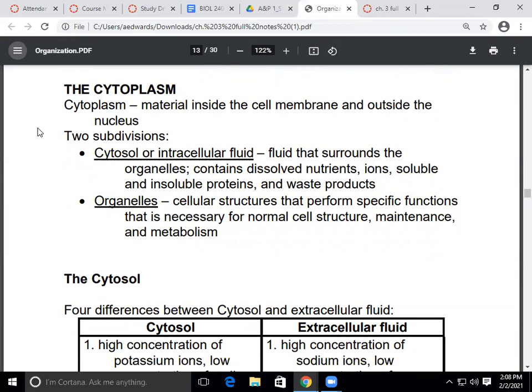That fluid, or cytosol, has nutrients, proteins, ions, and waste products in it. The organelles all have their own functions. So rather than have one organelle that does everything, you have specific organelles with specific functions.